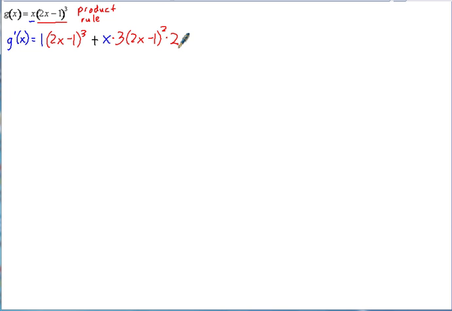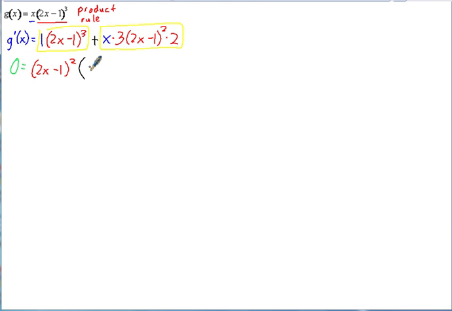And again, to figure out where this is 0, find our critical number, let's set it equal to 0, and notice we can factor out, if you think of this is like your first term here, and this is your second term. Notice what they have in common is they both have a 2x minus 1, and this one has a lower exponent of 2. So we can factor out a 2x minus 1 squared. And then let's see what we have left of each term. Well, this one just had the 2x minus 1 cubed.